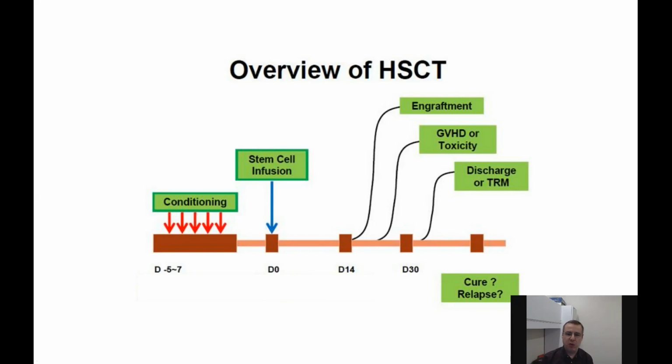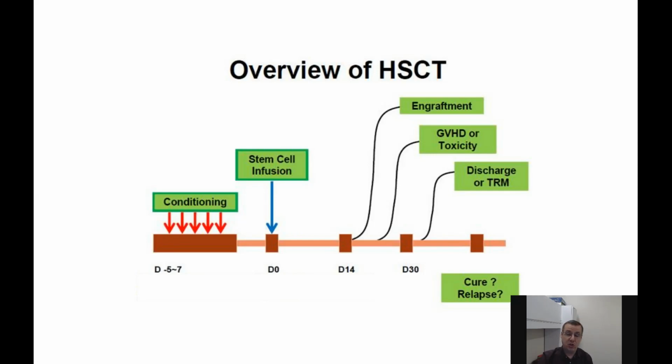In brief, what we do is we administer conditioning chemotherapy, which targets leukemic cells as well as creates room in the bone marrow for the expansion of stem cells, which are infused on day 0, following which is a prolonged course of aplasia, where patients are vulnerable to infections and other complications until the time of engraftment. Upon engraftment of the stem cells and reconstitution of the peripheral blood counts, patients are then discharged.